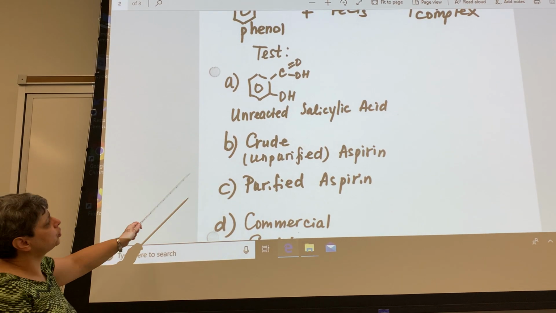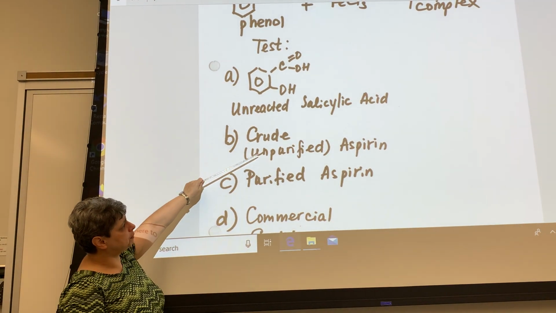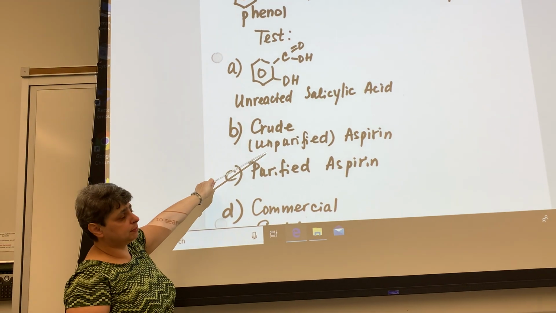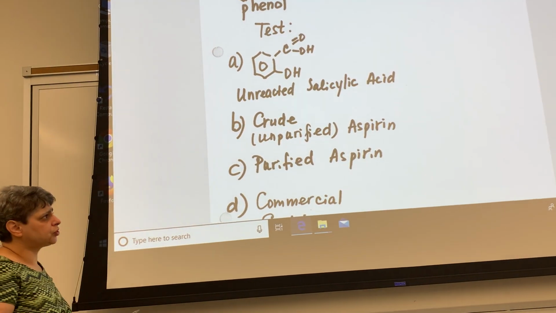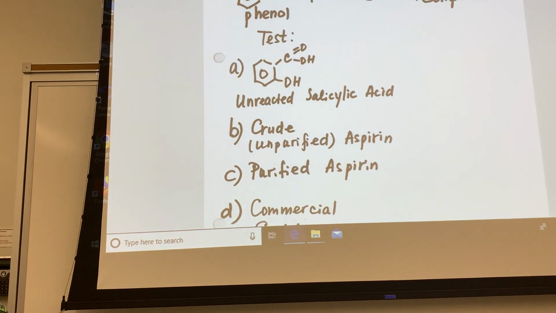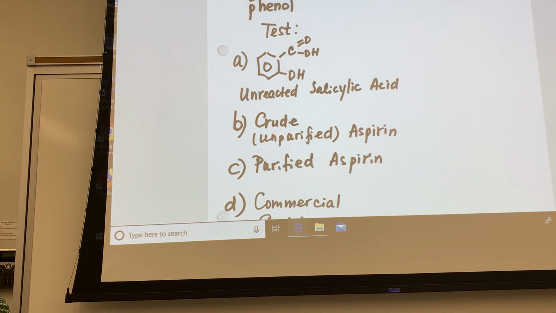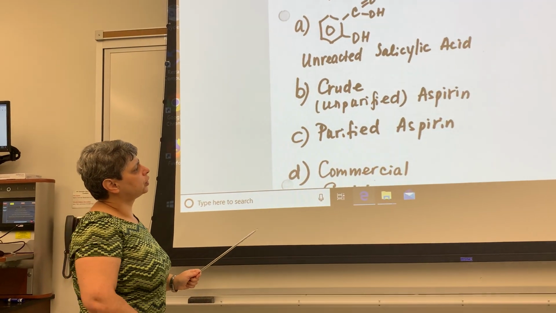Next would be crude or unpurified aspirin. I want to point out that before you start recrystallization, hopefully you'll be reminded by TAs in the lab to save a couple of spatulafuls in a separate beaker or test tube for testing. So not all of the crude aspirin you obtain in the reaction should be used for recrystallization.